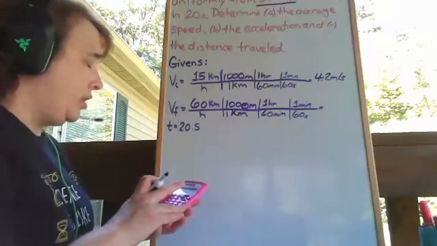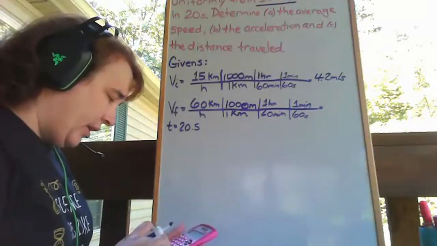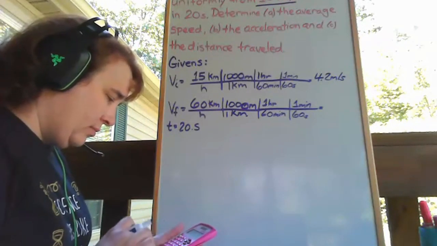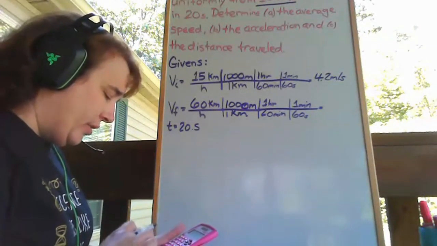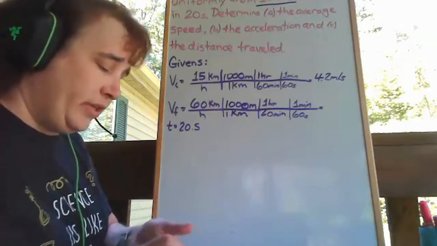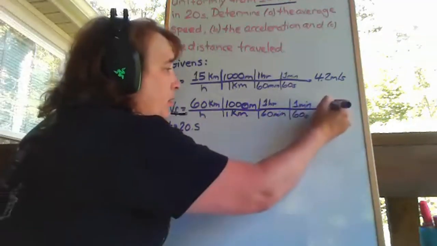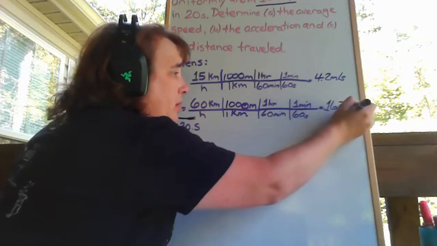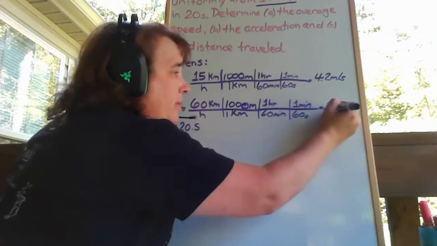Okay, calculating that, we get 60 times 1,000 divided by 3,600, which gives me 16.7 meters per second. All right.